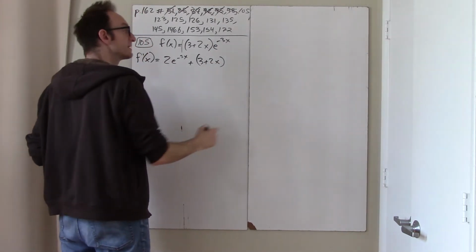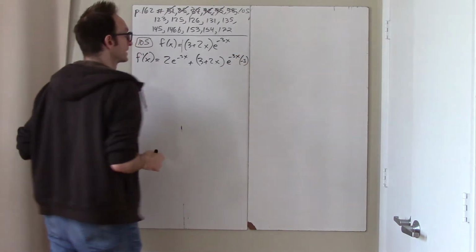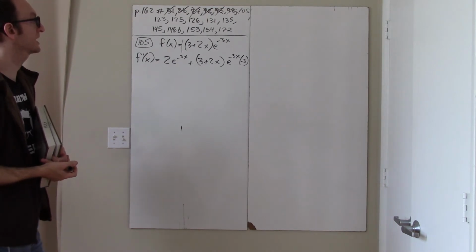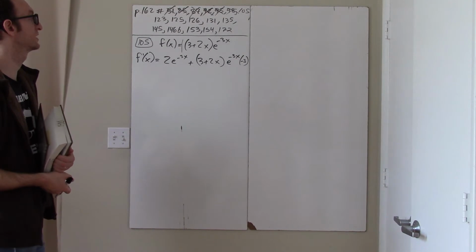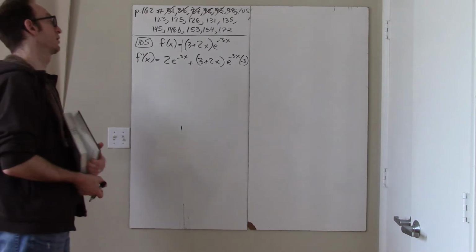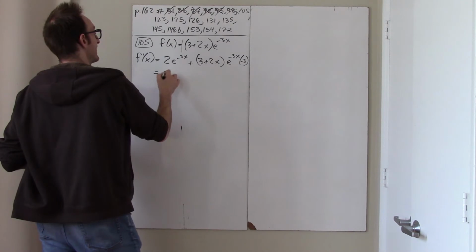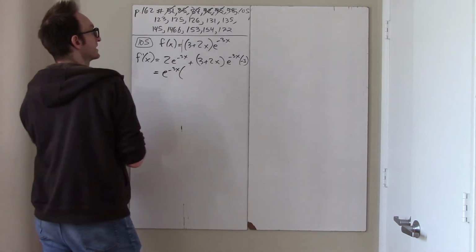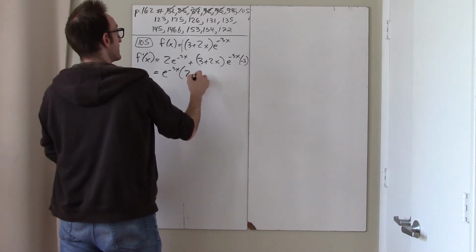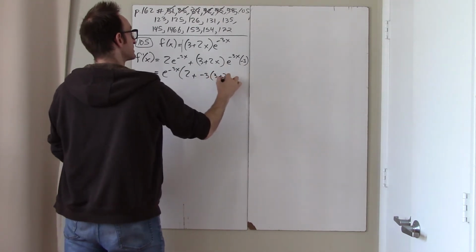And what is the derivative of e to the negative 3x? Well, it's e to the negative 3x back inside negative 3. Do the first times the second, plus the first times the derivative of the second. So that's interesting because I can factor out an e to the negative 3x, and when I do so, I'm left with 2 plus negative 3 times 3 plus 2x.